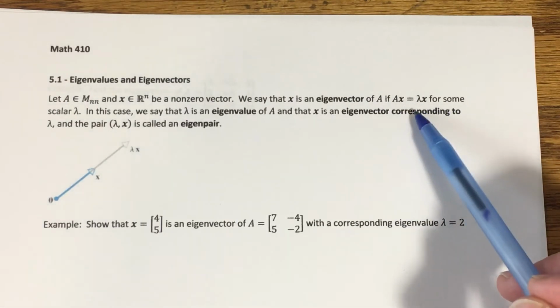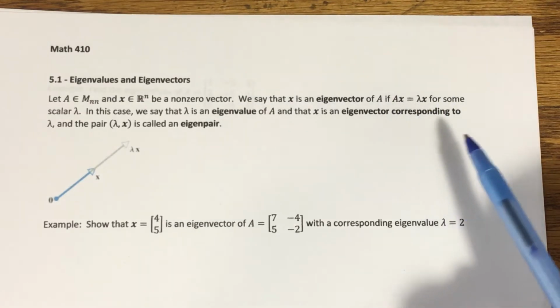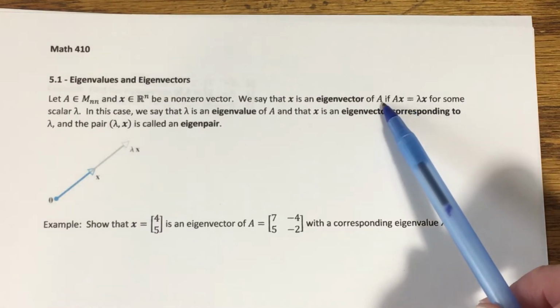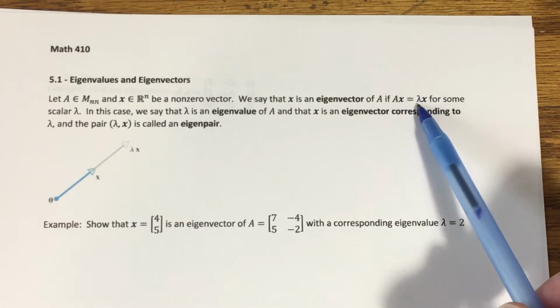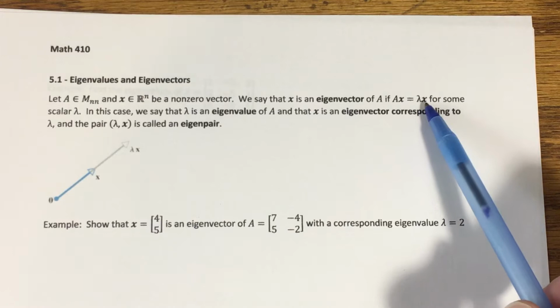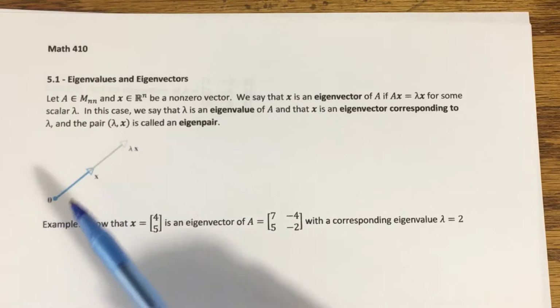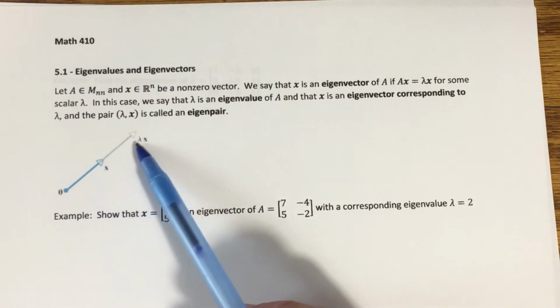But I want to talk about this definition for a second in an intuitive way. Again, remember X is a vector in Rn. Basically what this says is that if you have a matrix A and can find an eigenvector X, then multiplying A to X like this effectively just scales that vector. We know that when you multiply a vector in Rn by a scalar like lambda, it takes that vector x and maintains the same direction if lambda is positive, but scales it by a factor of lambda.